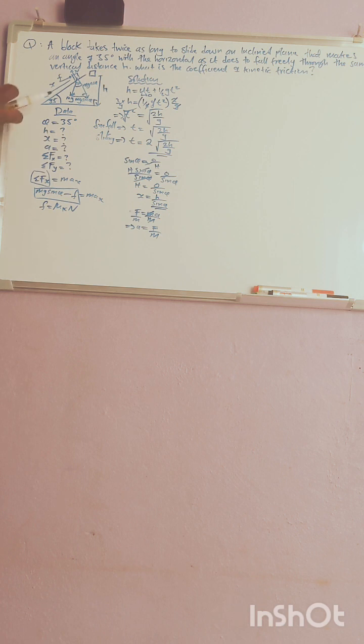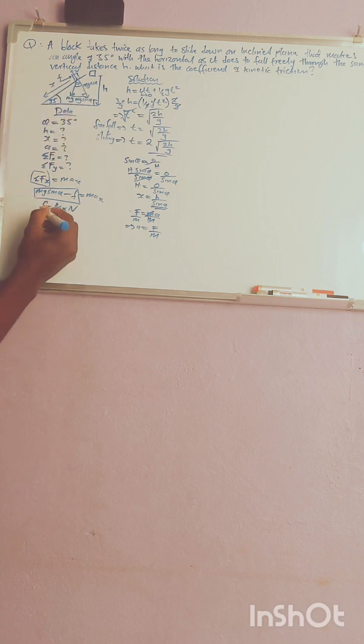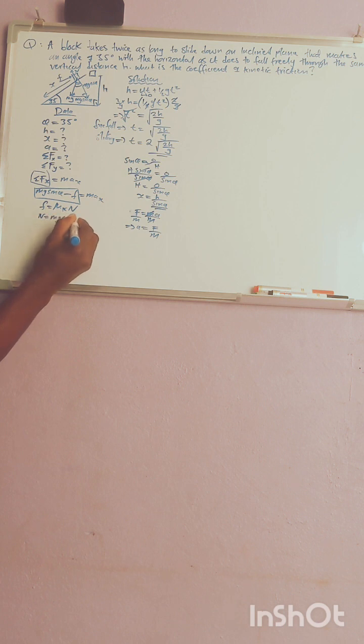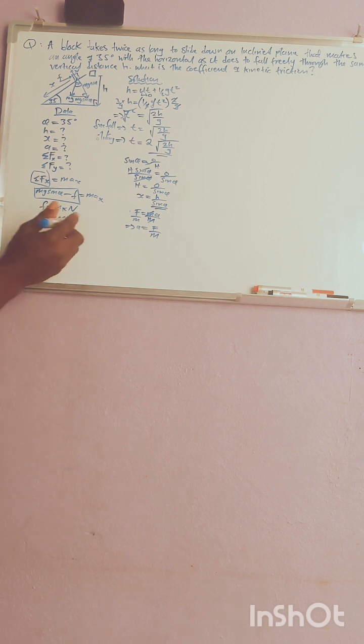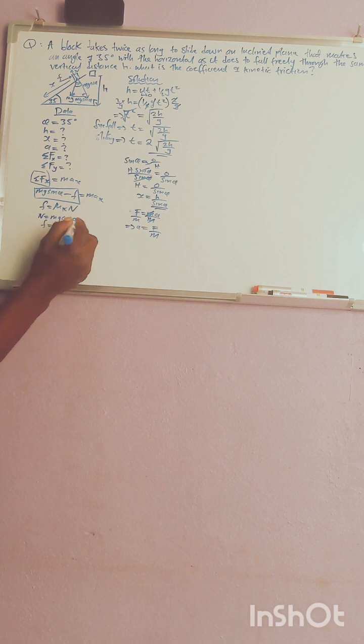In this case, the normal force and the y component of the weight are the same. Therefore, the normal force will just be equal to mg cos theta. We're just substituting here. We have friction being equal to mu k, and the normal force is mg cos theta.